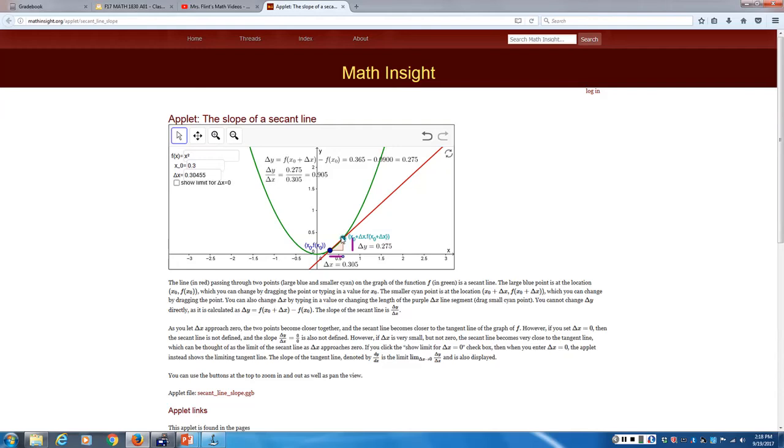Okay, what if I could move that point close enough until actually that second point is right on top of there? What kind of a line do I have now? Because remember, this shows you secant lines. Can I have a secant line if R and S are on top of each other? No, that's a tangent line.